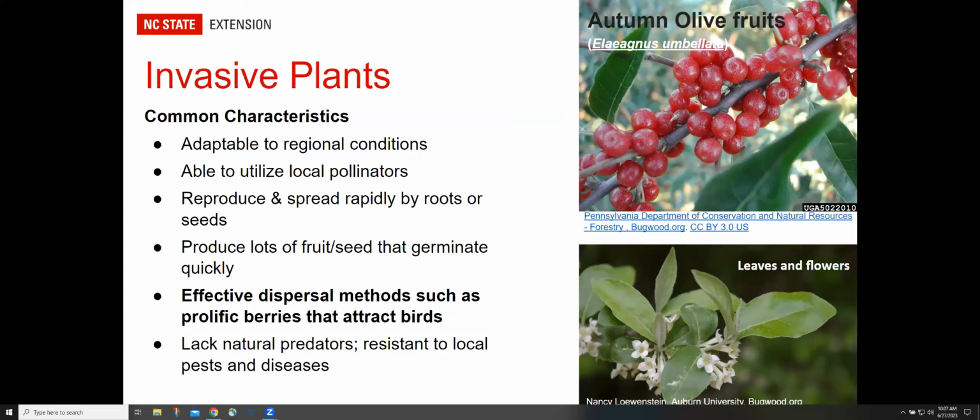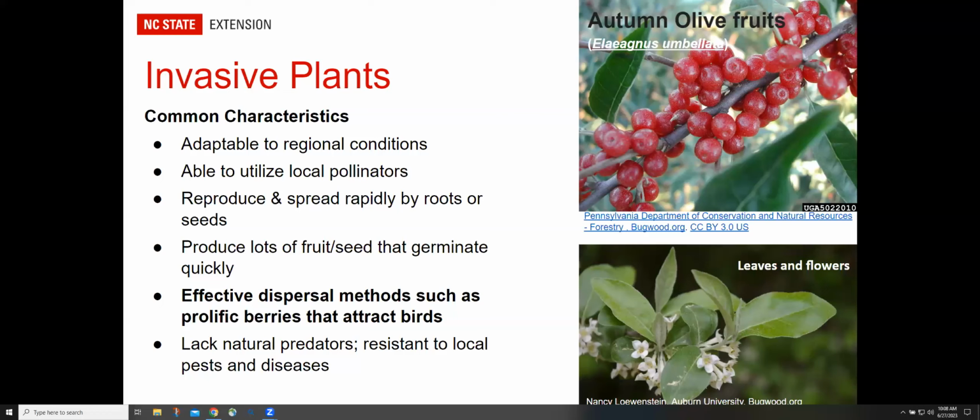They all produce these fruits that are highly attractive to birds. And one of the reasons is because they're really high in sugar. And they are like junk food for birds. They will favor eating these Elaeagnus fruit over more nutritious native fruit, such as dogwood. And then they start trying to migrate.